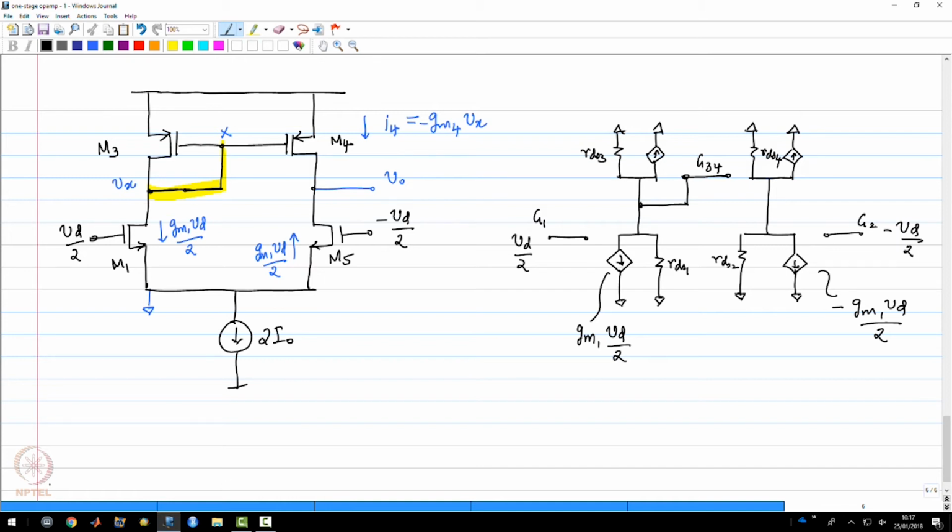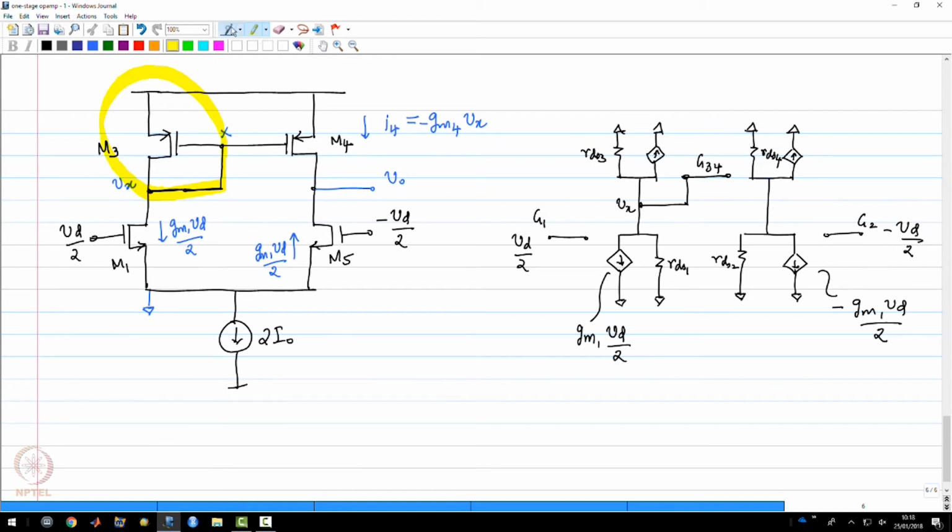And this current is going to generate a voltage Vx, and we need to find out what this voltage Vx is. So now, because I don't want the analysis to get too complicated, I'm going to use something which all of us should know from before, which is the fact that if I have a transistor whose gate and drain are connected, I know that the impedance seen at the gate and drain node happens to be very close to 1 over Gm of the transistor.